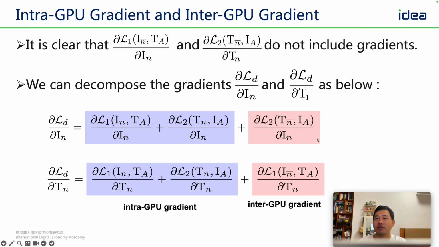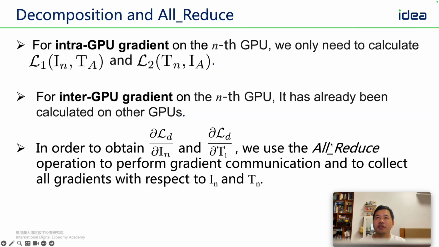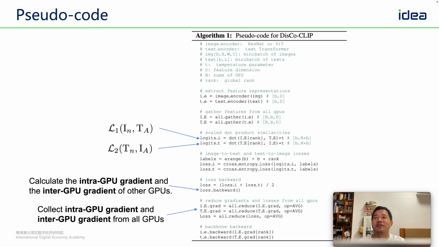So this is the main idea of our paper, and this is the pseudocode of DisCo-CLIP. This is IA, TA, and this is I_n, T_n, and this computes the similarity between I_n, TA, and T_n, IA.